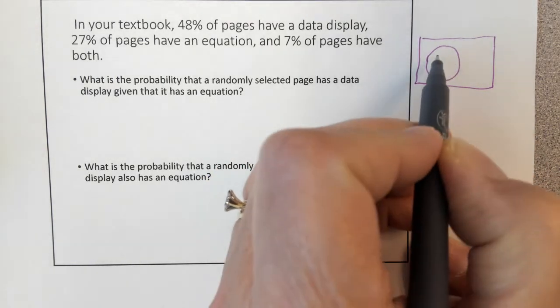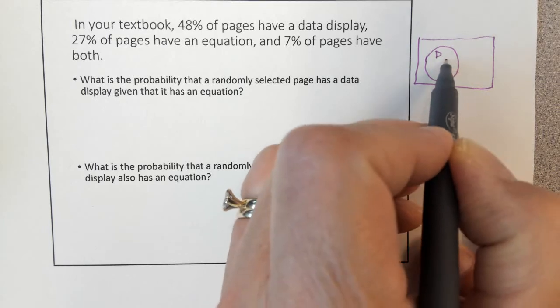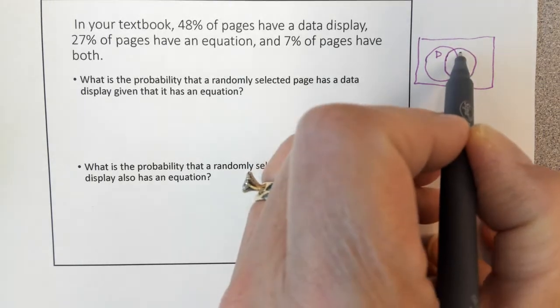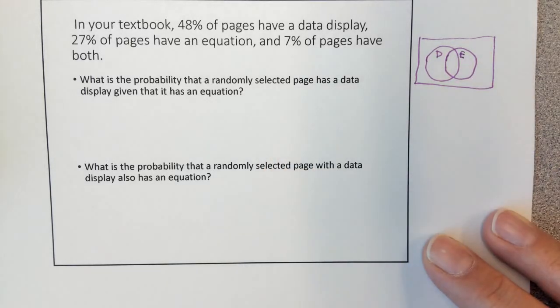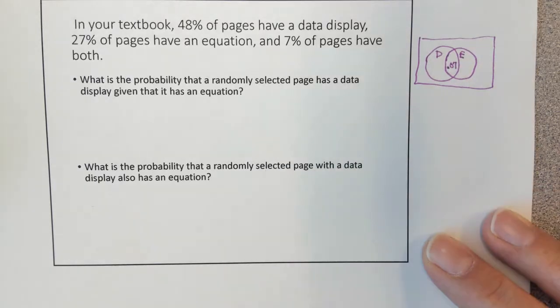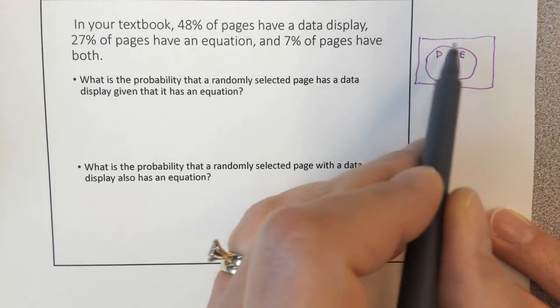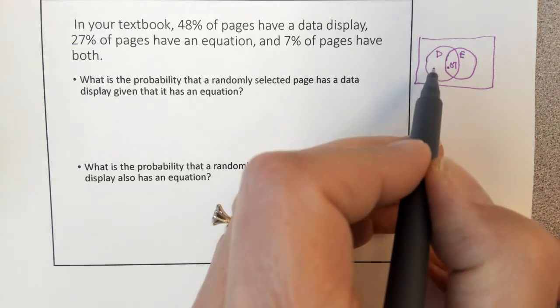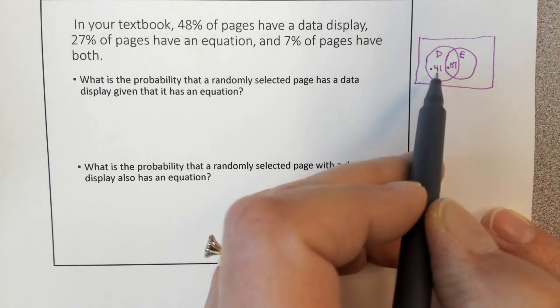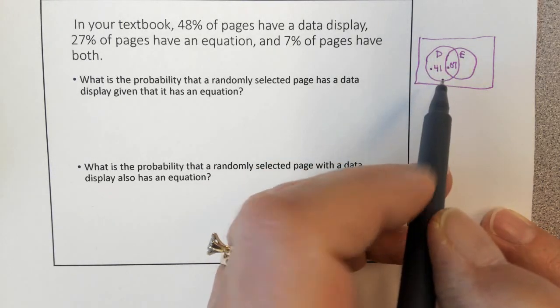We'll call these D and E, data displays and equations, and 7% of the pages is both, that's the intersection. 48% of the pages have a data display, which means the entire data display circle has 48%, which means there's 41% in this moon-shaped section, 48 total in the whole circle.